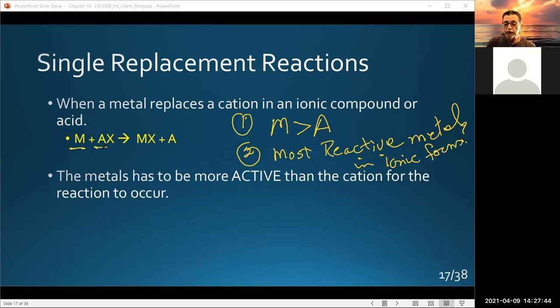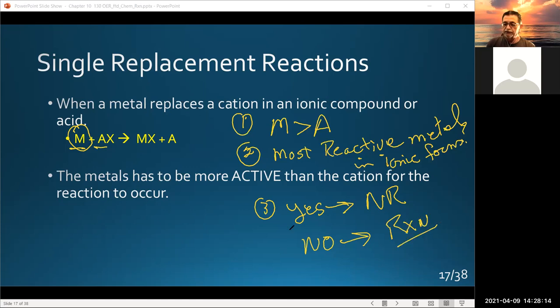So we go back to the equation and we see that M is not in ionic form. It is in elemental form, okay? And so if the answer is yes, the most reactive metal is in ionic form, then we get NR, which means no reaction. If the answer is no, then we get a reaction.